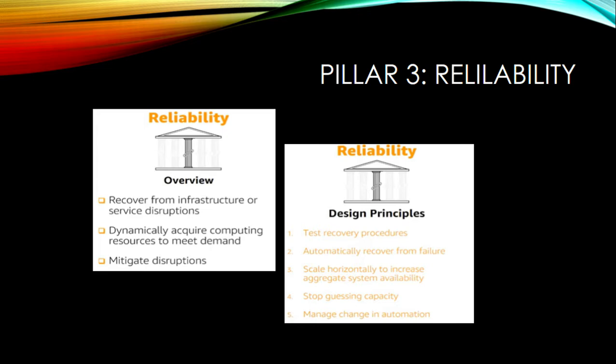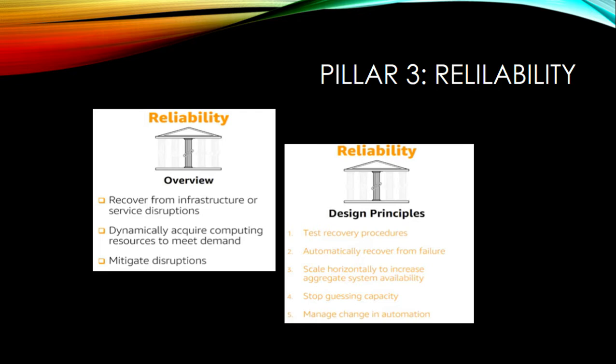The first is test recovery procedures. Now, in an on-premise environment, testing is often conducted to prove the system works in a particular scenario. Testing is not typically used to validate recovery strategies. In the cloud, you can test how your system fails and you can validate your recovery procedures.